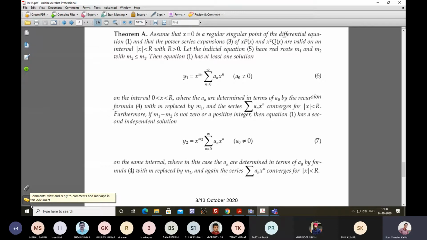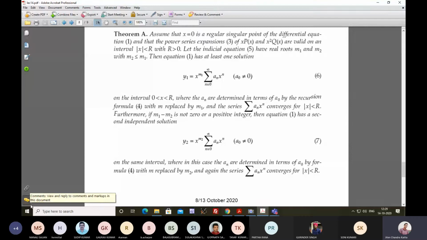This is because whenever you rope in that log x term, you are going to have a problem. And a_n are determined in terms of a naught by the recursion formula 4. The recursion formula, whatever I had written at the very beginning on the blackboard today, is nothing but the recursion formula 4, with m replaced by m1, and the series sum a_n x^n converges for mod x strictly less than r. Again, remember, they are playing it safe for the time being.